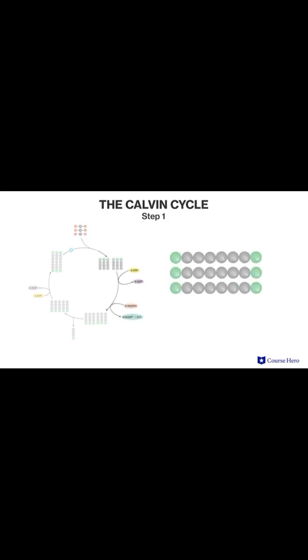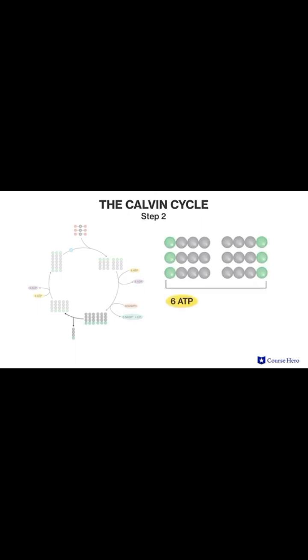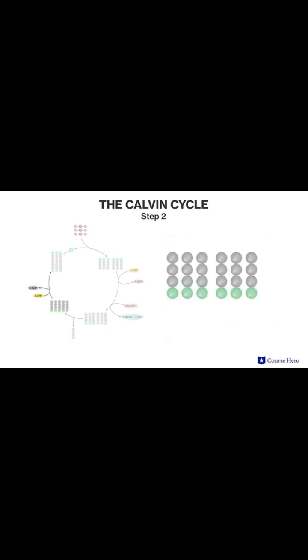The result is a very unstable compound which splits in half, forming a total of 6 3-carbon molecules known as 3-phosphoglyceric acid or 3-PGA. Because this process converts carbon dioxide into organic compounds used by living things, it is known as carbon fixation. In the second stage of the cycle, ATP and NADPH convert the 6 molecules of 3-PGA into a different 3-carbon compound, glyceraldehyde 3-phosphate or G3P.